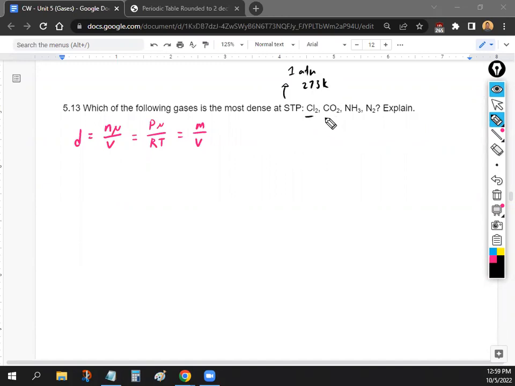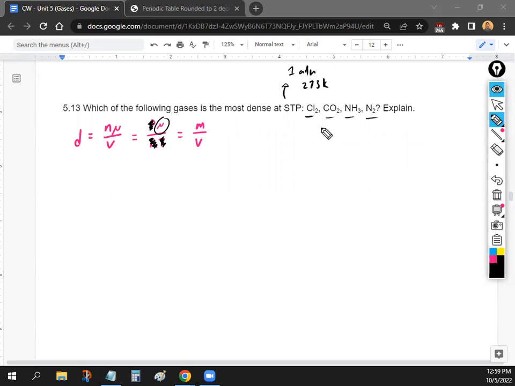Now all of these gases are at the same temperature and pressure, right? So what that means is temperature doesn't really matter, pressure doesn't really matter, and the gas constant is the same for all ideal gases, right? So this guy doesn't matter either. So what's the only thing that matters? Molar mass. And so the greater the molar mass, the more dense the gas is going to be, okay?